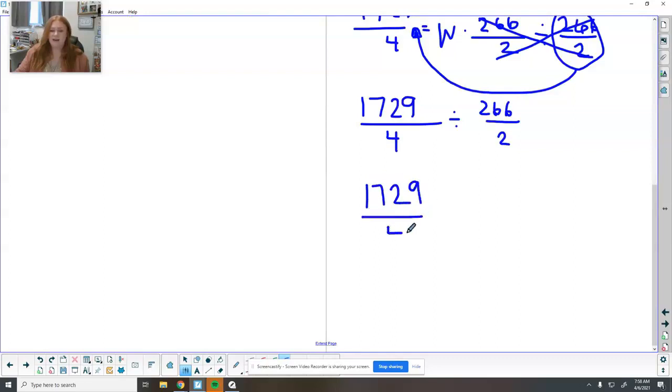So I can copy this first one, 1729 over 4, keep the first one the same, multiply, and flip. So I can see a little bit of this I know easily cancels out. This becomes 1, this becomes 2. So I know 2 can't go into this one, so I'm just going to leave these and we'll figure that part out. 1729 times 1 is pretty easy.